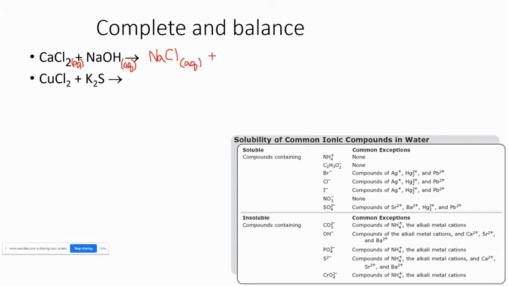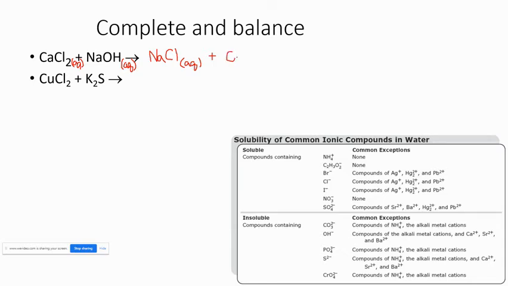And then we have plus. Now calcium is going to mix with the OH. So hydroxides. Hydroxides are not soluble unless it is with alkalis or calcium, strontium, and barium. So we have calcium hydroxide.